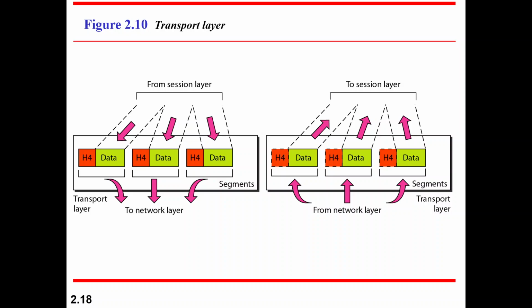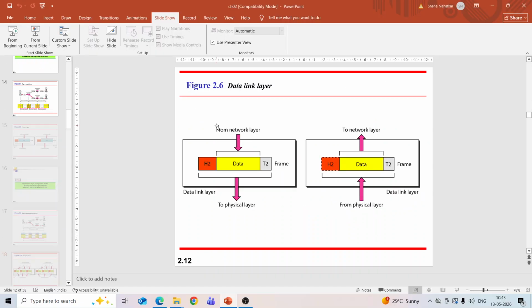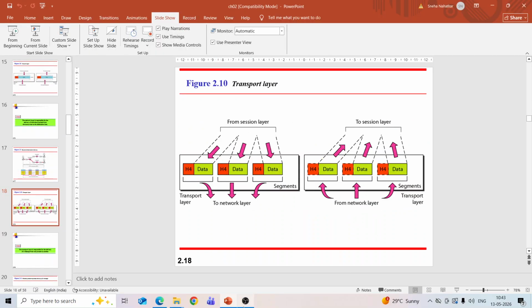The transport layer is responsible for the delivery of a message from one process to another. Other responsibilities of the transport layer include the following: service point addressing, segmentation and reassembly, connection control, flow control, and error control. In detail, we will see all these mentioned functions in the next lesson.